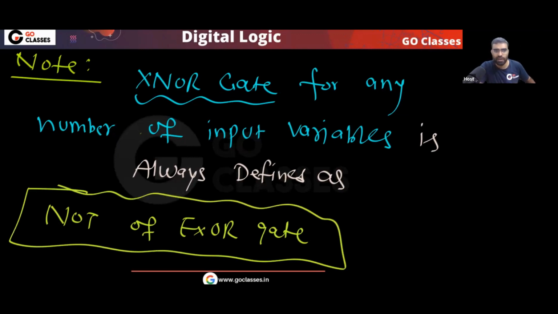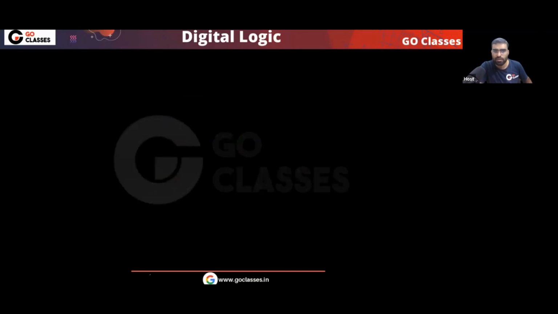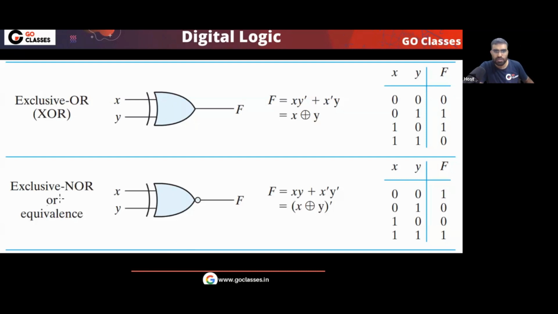This is always defined as not of XOR gate. Is this clear? Please tell me. Okay, so this is the point.